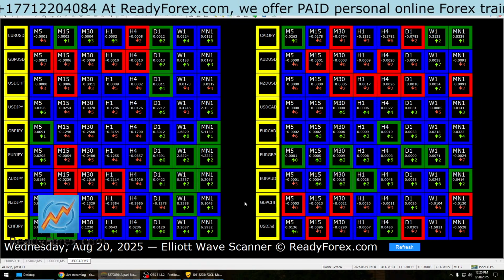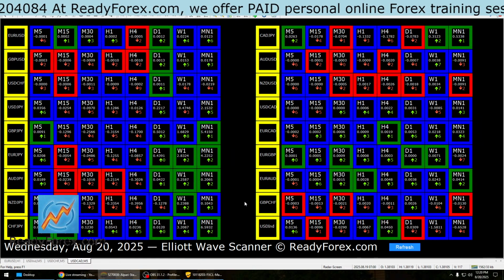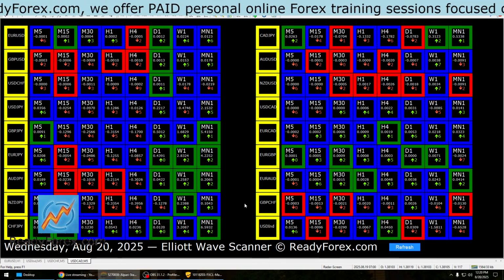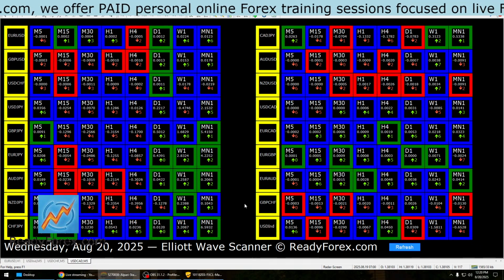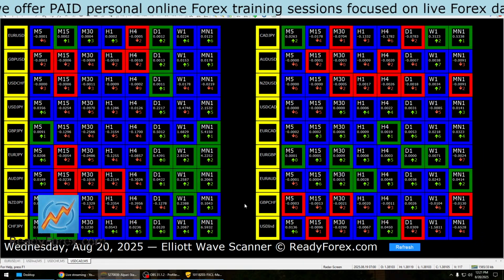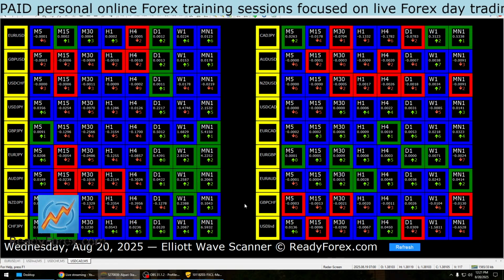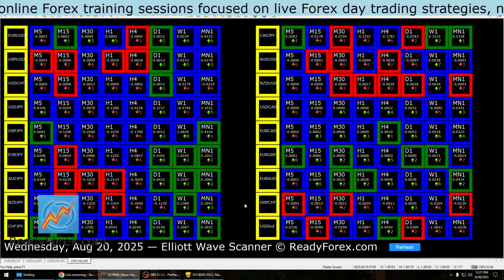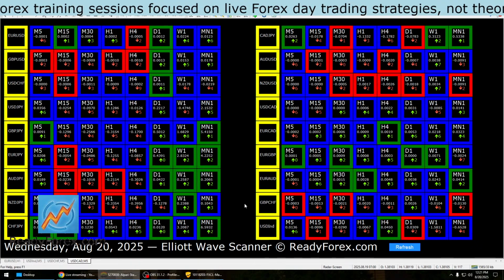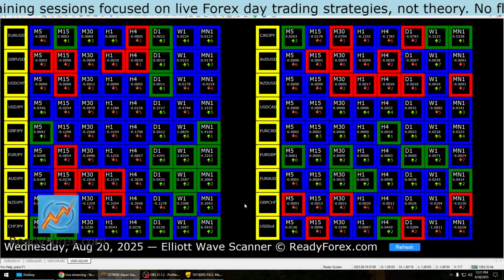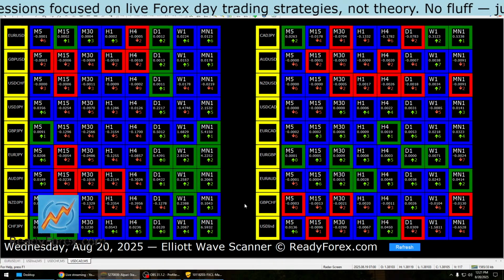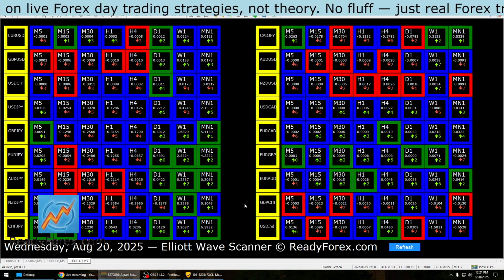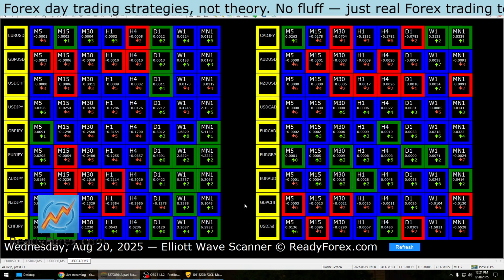Okay, Swiss franc JPY. The 4-hour actually confirms the pattern. So I think this Swiss franc is going to move sideways, then it's probably going to drop.